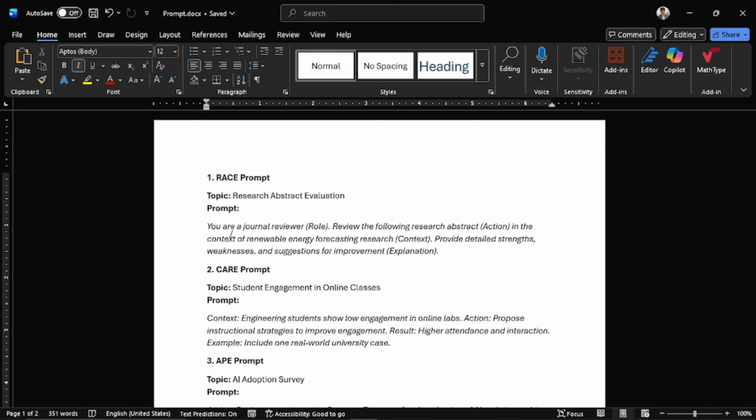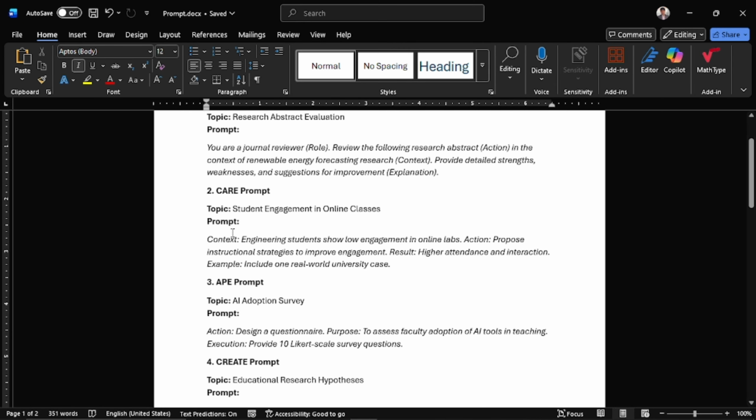And the second type of prompt is a CARE prompt. It is for student engagement in online classes. Okay, so C stands for context, A for action, R for result, and E for example.